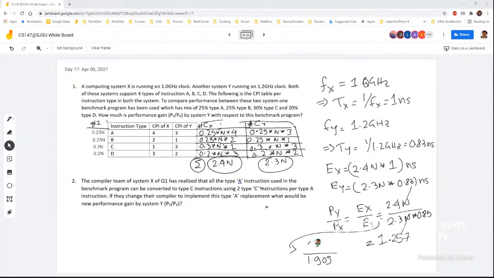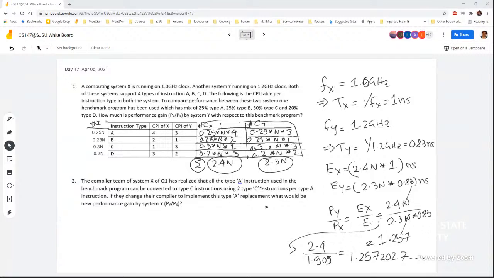This is 2.4. So 2.4 by 1.909 is 1.2572027, something like this. Did I make a mistake?